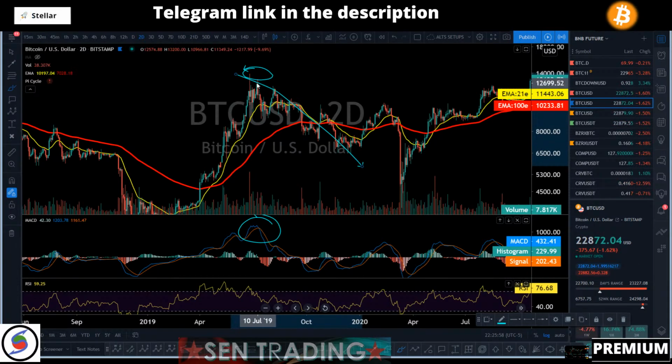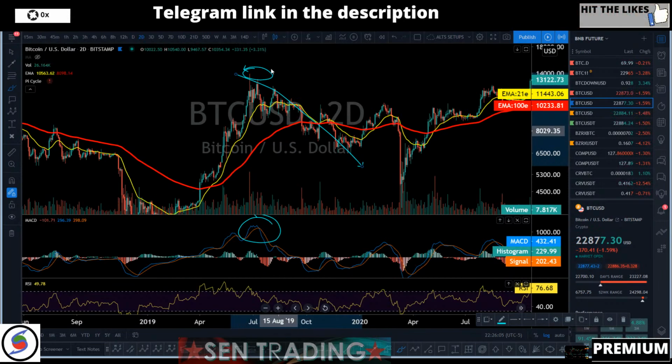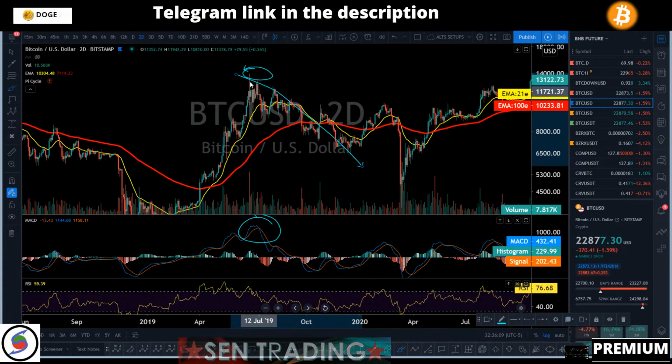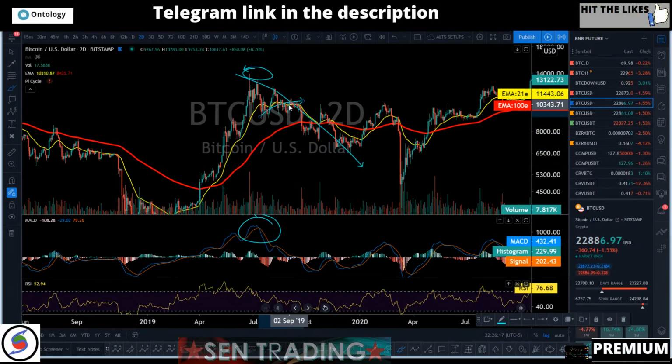So if you're bullish right there, you've got plenty of chance, I mean, plenty of right to be bullish if that's your strategy. You cannot say, oh, I was wrong because this was the top. No, it is saying price has to be below your 21 EMA, just like right here.